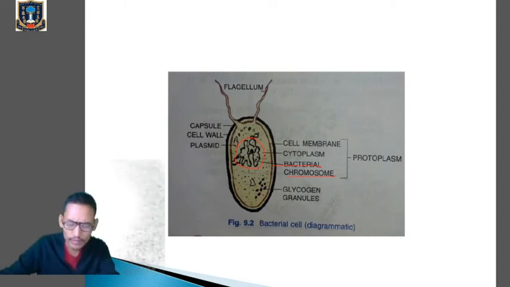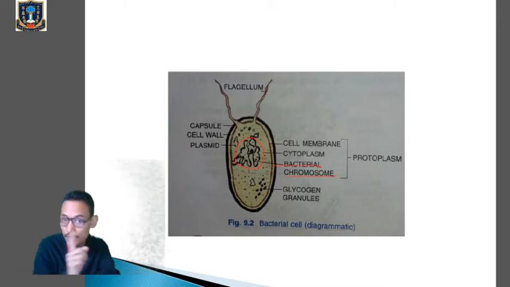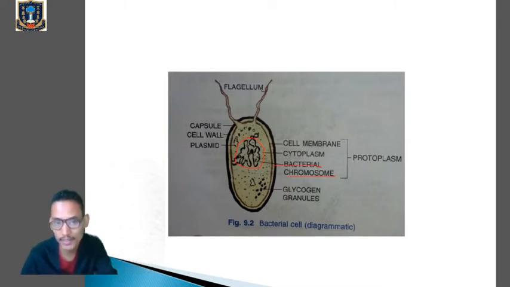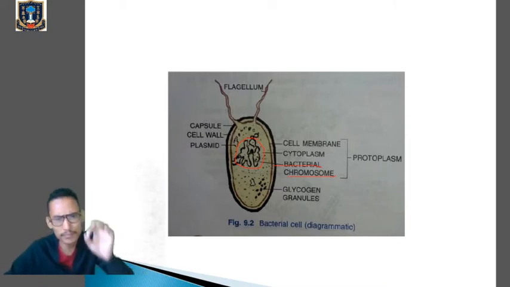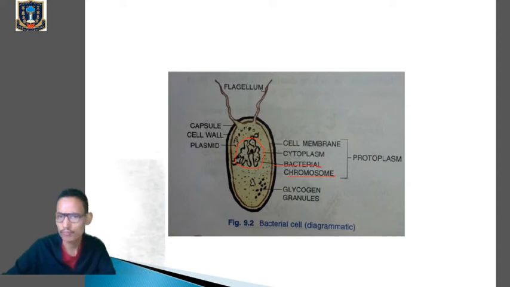Then we'll find an extra chromosomal circular DNA molecule in bacteria also, apart from the bacterial chromosome. This extra chromosomal circular DNA molecule in bacteria is called the plasmid.